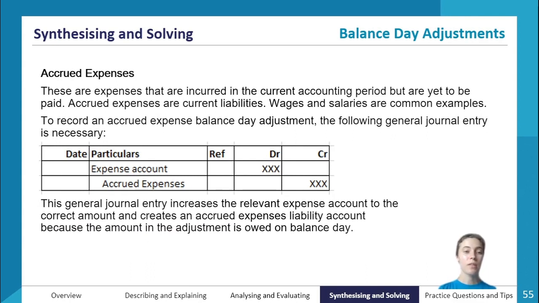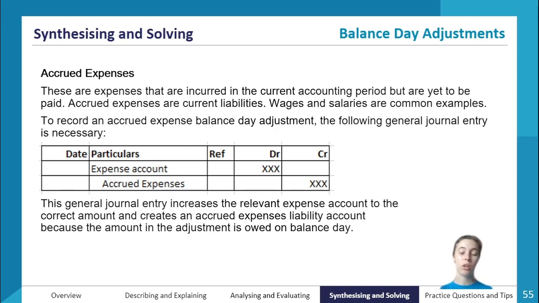Accrued expenses. These are expenses that are incurred in the current accounting period but are yet to be paid. So accrued expenses are current liabilities, and wages and salaries are common examples of these. To record an accrued expense balance day adjustment, you need to have a debit to the expense account involved and a credit to accrued expenses.